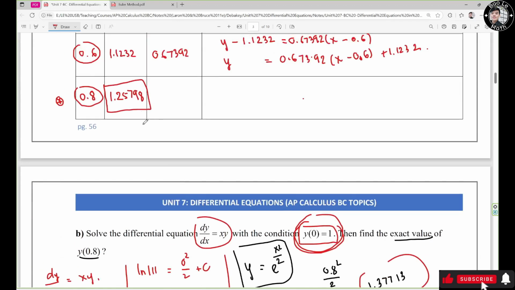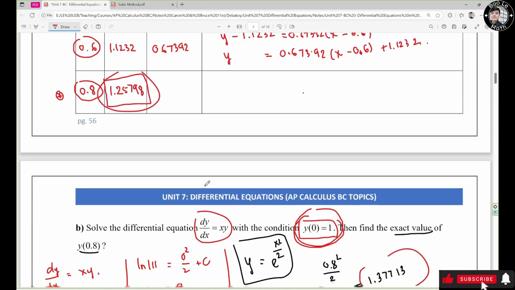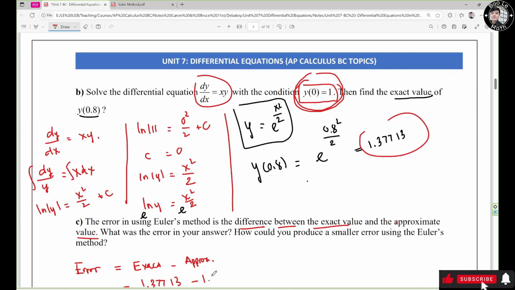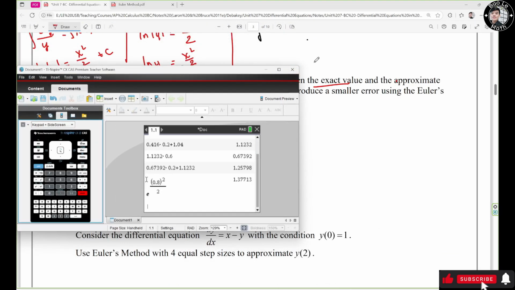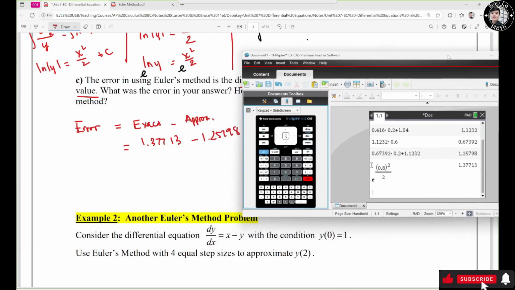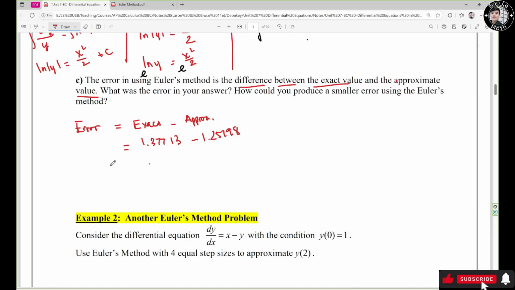Subtract approximate value, which we got right here, 1.25798, right? So I'm going to bring up the calculator. So I need to subtract 1.25798. Hit enter. The answer is 0.119148.